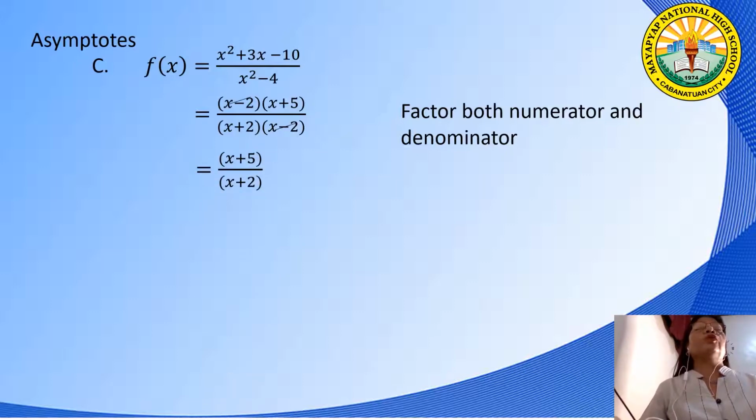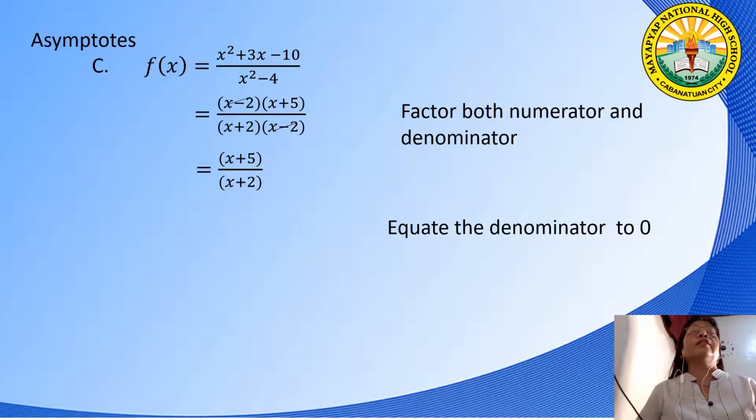Then you cancel the factors that are the same in numerator and denominator. We have the remaining quantity x plus 5 over quantity x plus 2.